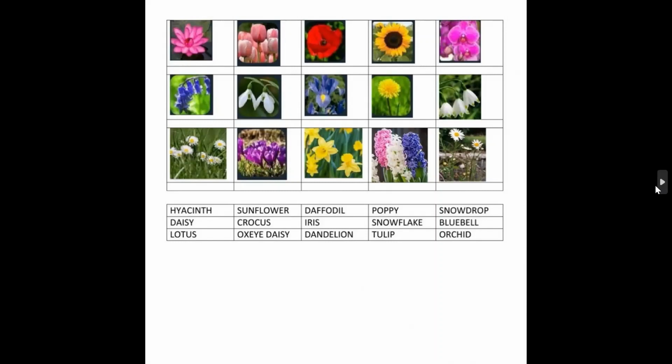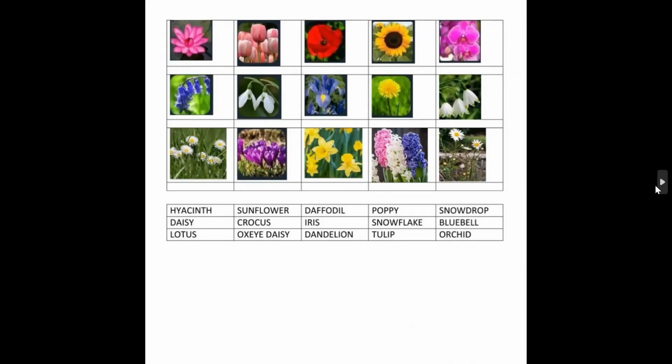However, there must be some of them that are completely different. Okay, so pause the video here and try to name the flowers. So when you're ready, you can start again.